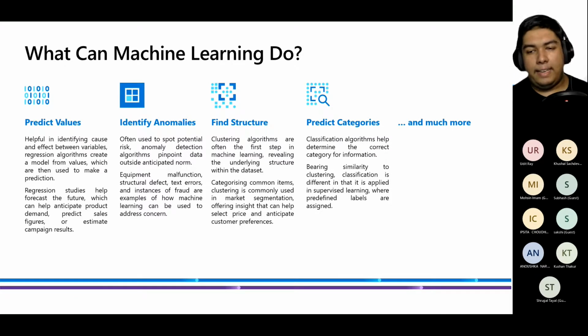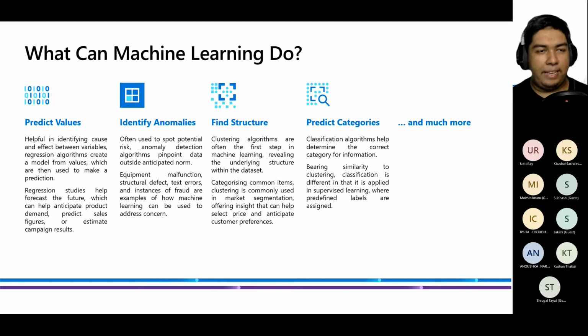Say that there are certain symptoms, and you want to say whether that person has a certain disease or not, or these are some of the features of a certain plant, so what type of plant or flower this is, based on some image. You can use machine learning to do that as well.